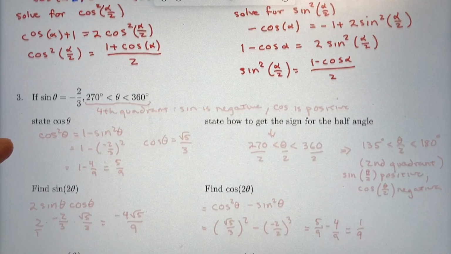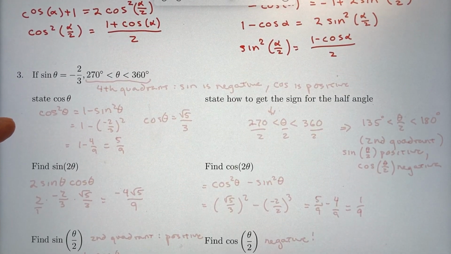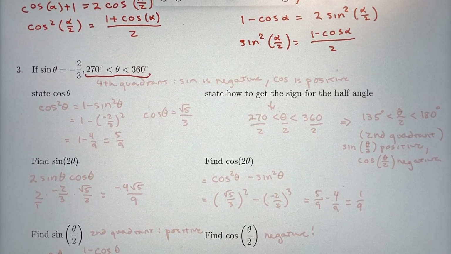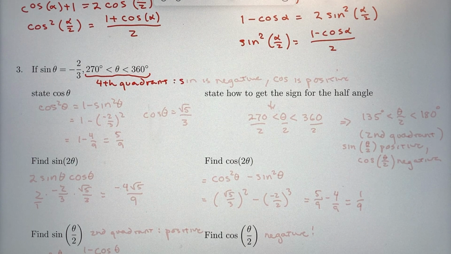Okay, so let's actually use these rules a little bit. 270 to 360 is fourth quadrant. Sine is negative, cosine is positive. So cosine will be positive when we do this.